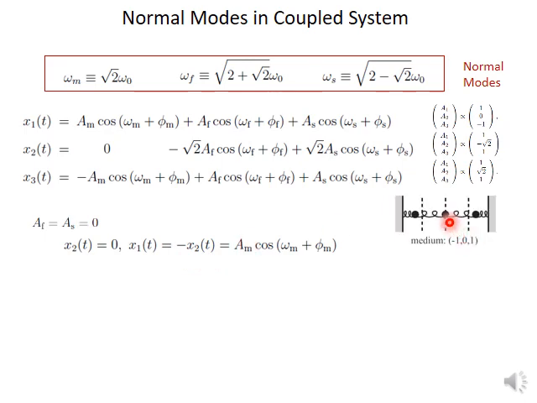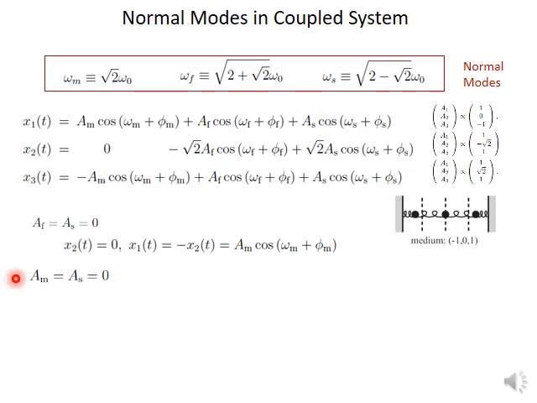The central mass, with displacement x2, won't move, it stays in its own position. But if the first mass moves to the left, the right mass displaces to the right, because they have opposite displacements. Similarly, if this one moves to the right, this one moves to the left. This represents the oscillation with the medium frequency.